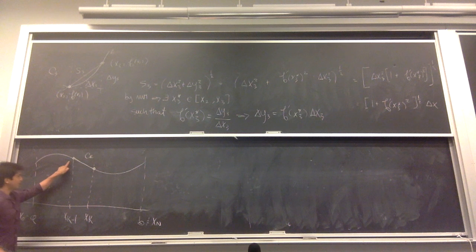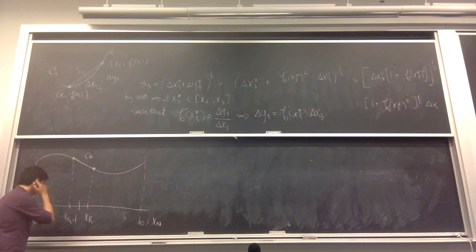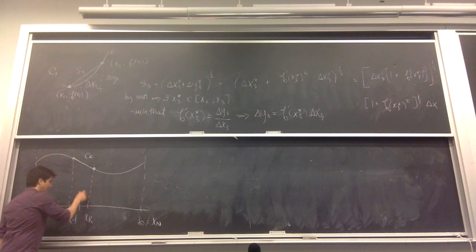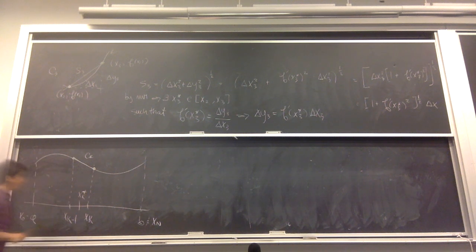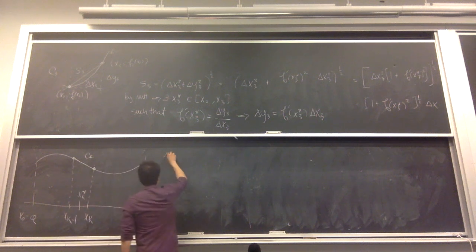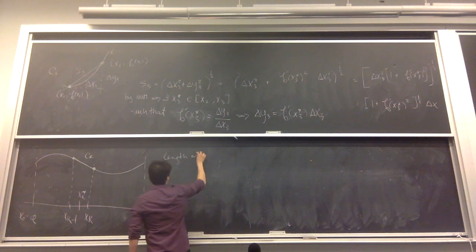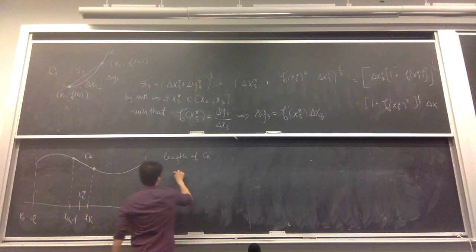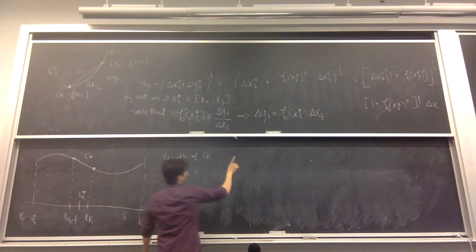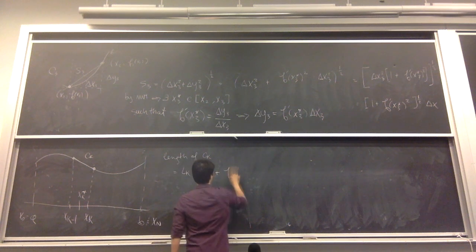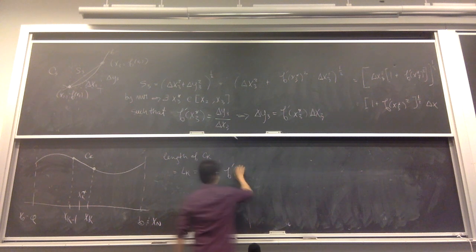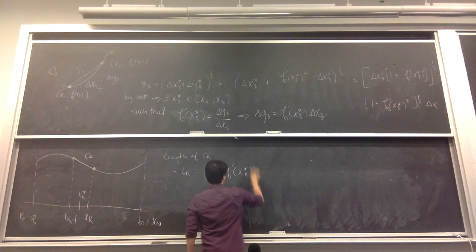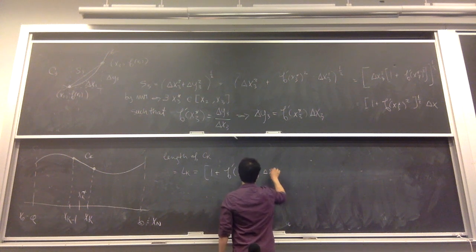We just found out that the length of that chord, which we're going to call L_k, is given by what we discovered up there: 1 plus f prime at this sample, squared, to the half, times delta x.